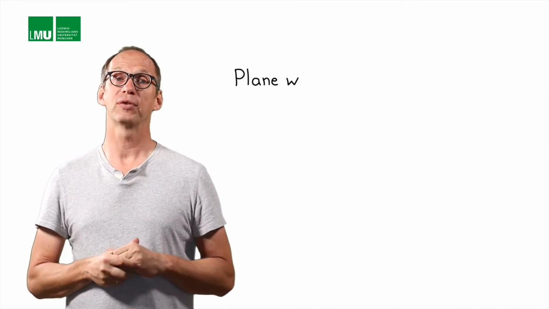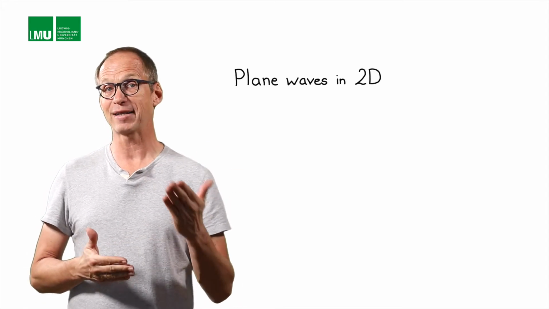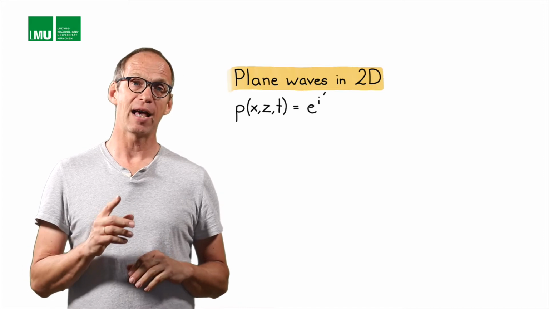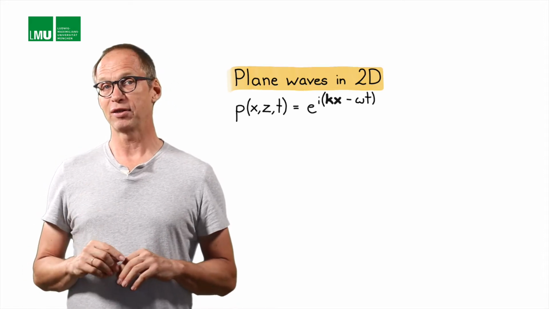Again, we resort to the so-called von Neumann analysis, trying to develop an analytic understanding using a plane wave trial solution. In 2 dimensions, a continuous plane wave is given like that: P of x, z, t is equal to e to the i (k·x minus omega t).